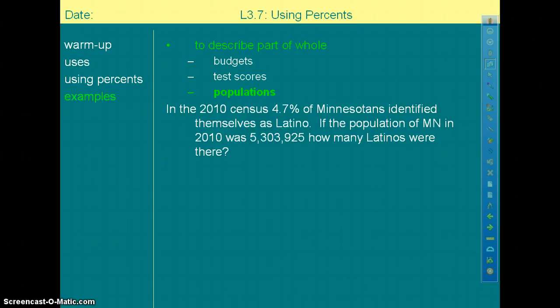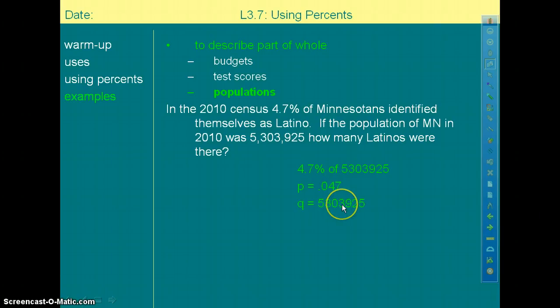We can also use percents when we're describing a population. For example, in the 2010 census here in Minnesota, 4.7% of Minnesotans identified themselves as Latino. If the population of Minnesota in 2010 was 5,303,925, how many Latinos were there? Well, we know it's 4.7% of the population. So we would take our percentage as a decimal, 0.047.